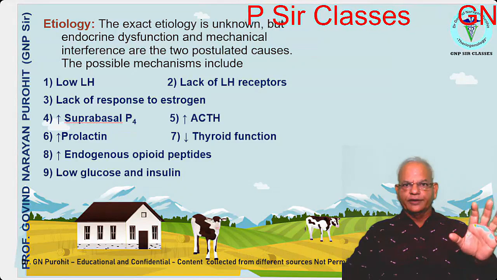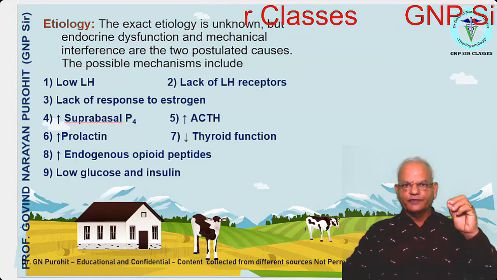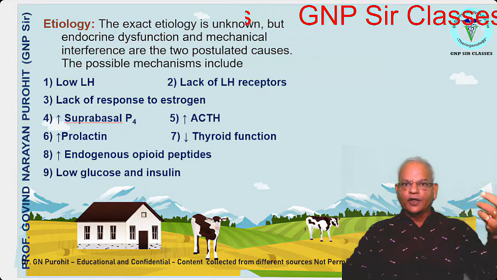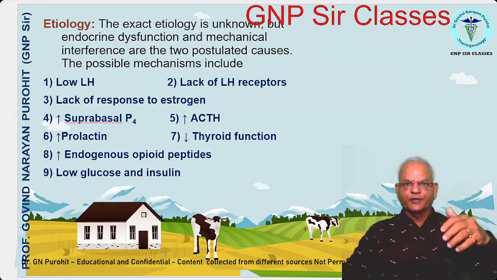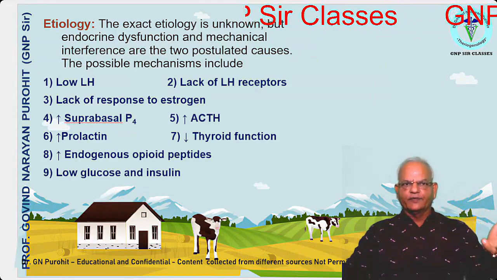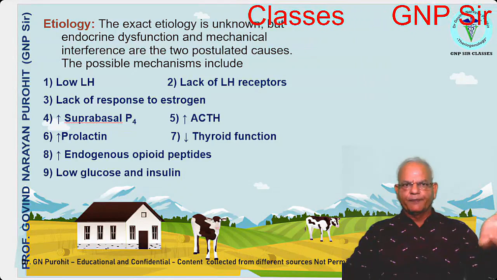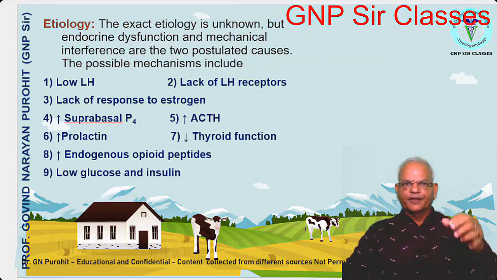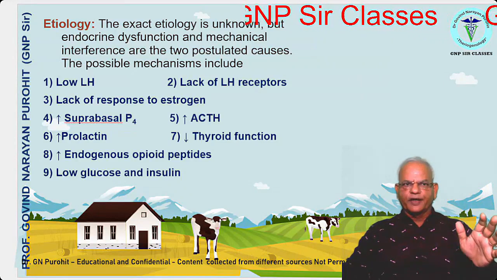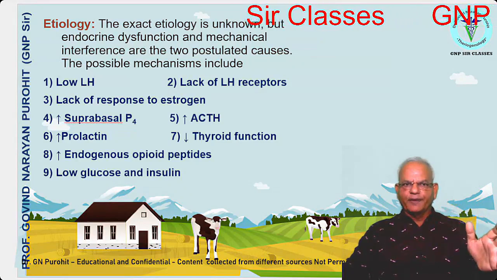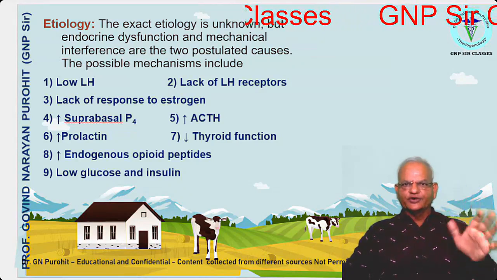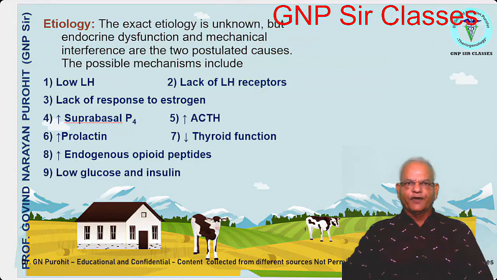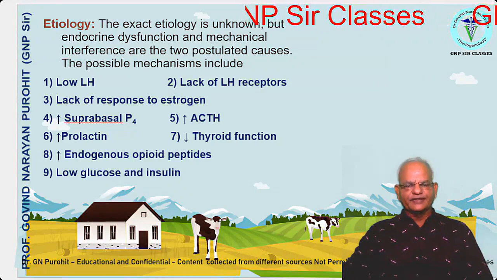This is an important thing: cows which are under stress, their adrenals produce high quantities of progesterone, and this prevents ovulation, thereby leading to formation of ovarian cysts. Then high prolactin, decreased thyroid function, increased adrenocorticotropic hormone, endogenous opioid peptides, and low glucose and insulin. All these have been postulated to be possible reasons for formation of ovarian cysts.